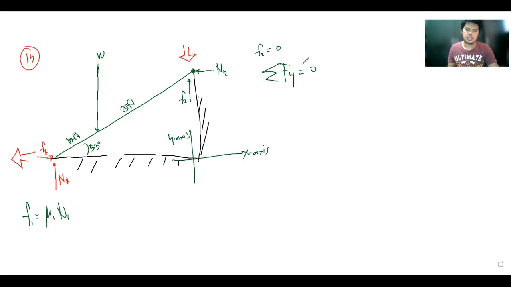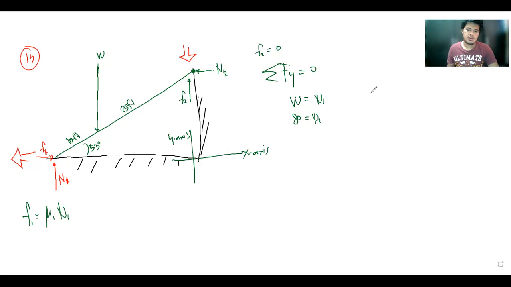So summation of forces along y would be 0. So weight is equal to N1. The weight of the ladder is 80 pounds, so that would be 80, which is equal to N1.